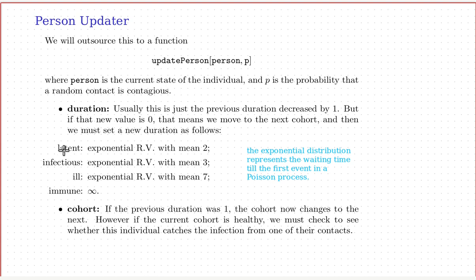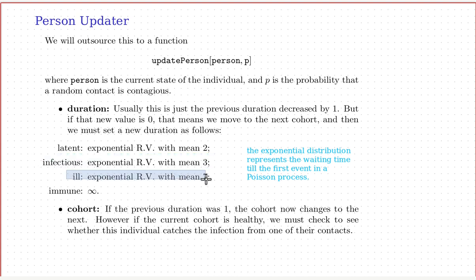And so what we'll do is select a duration. If we're entering the latent stage, then we'll select a random duration using the exponential distribution. In other words, it'll be an exponential random variable, that's what RV stands for, random variable, with mean 2. If we're entering the infectious stage, we'll use an exponential random variable with mean 3.